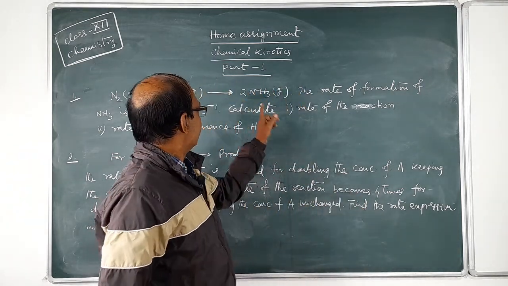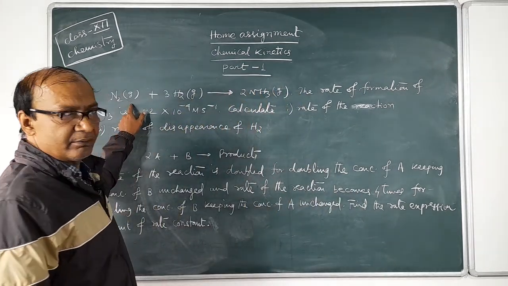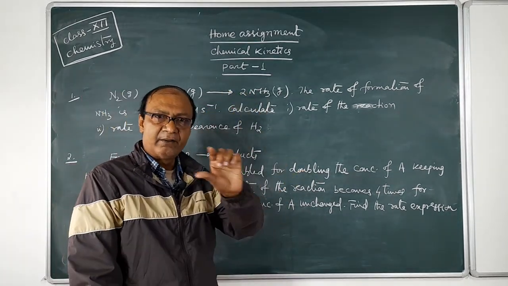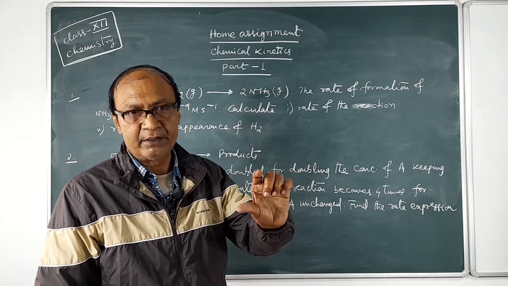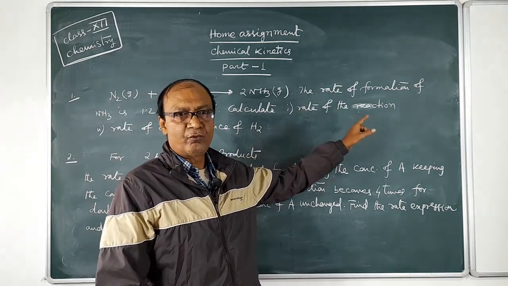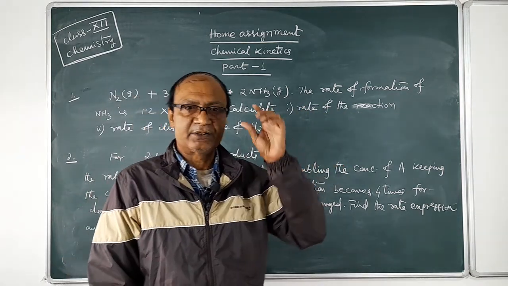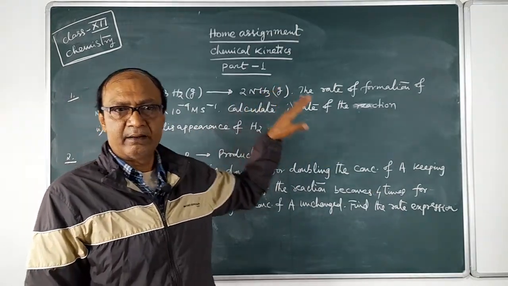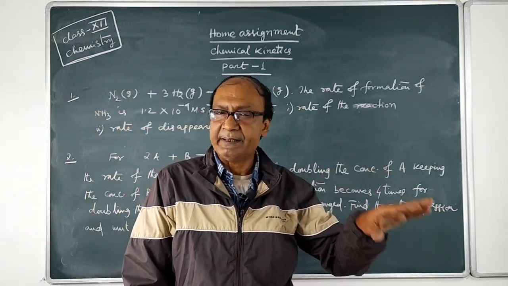So this is the first question: nitrogen reacts with hydrogen to form ammonia. At the very first part of the chapter, you will see how to find the rate of the reaction on the basis of the rate of formation of the product and the rate of consumption of the reactant.